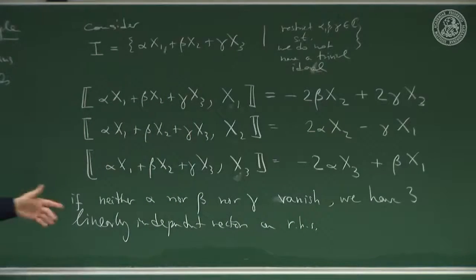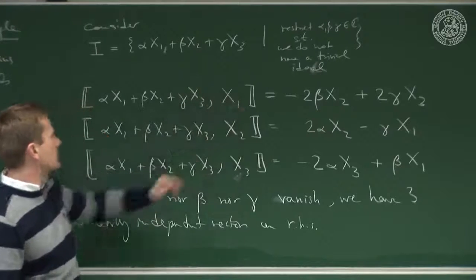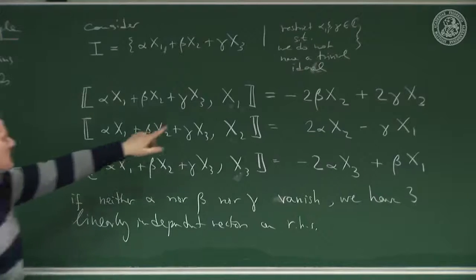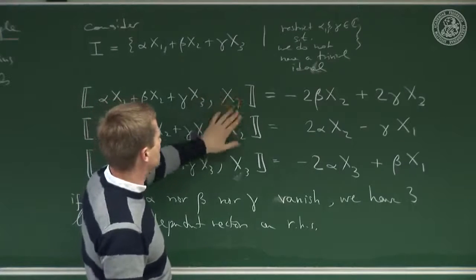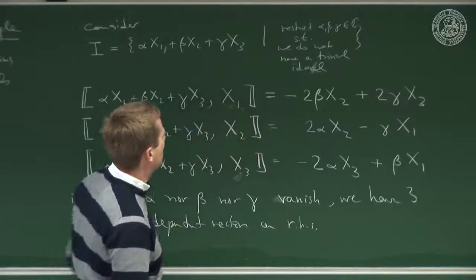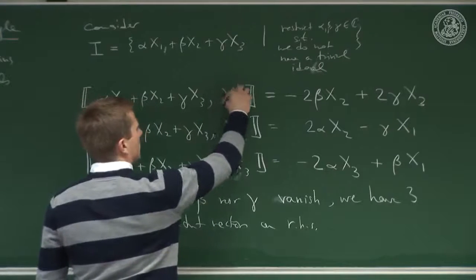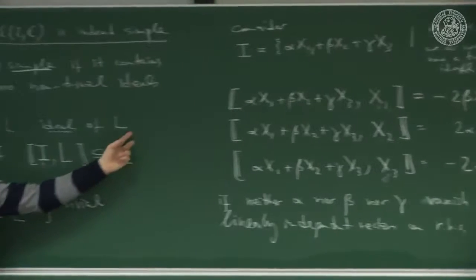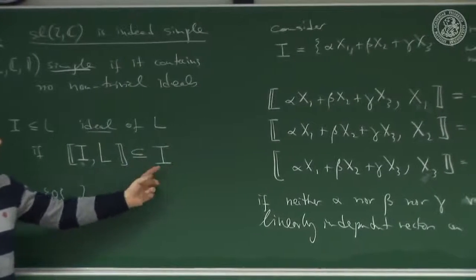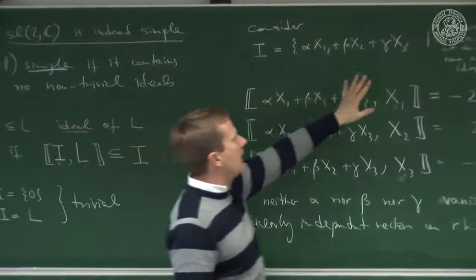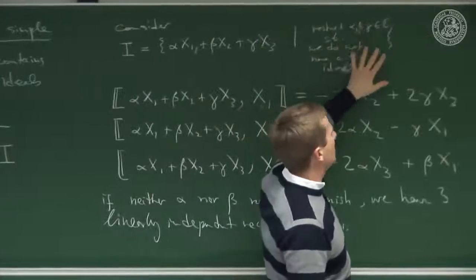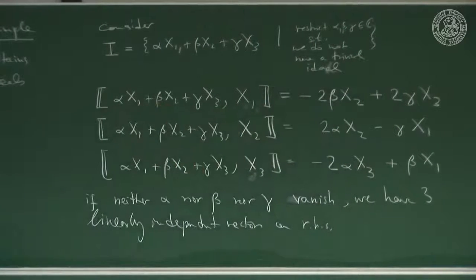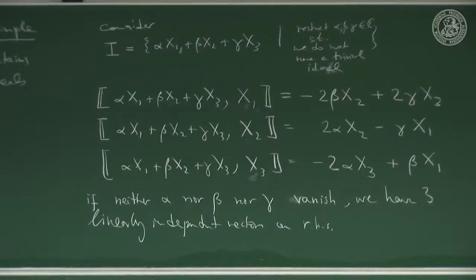Well, three linearly independent vectors, of course, produce, if I chose different factors here and put into the third and into the second entry an arbitrary linear combination, so an arbitrary L, I would recover the entire L. So that means if I have restrictions here, whatever the restriction is, if not alpha, beta, gamma are 0, I recover all of the Lie algebra.